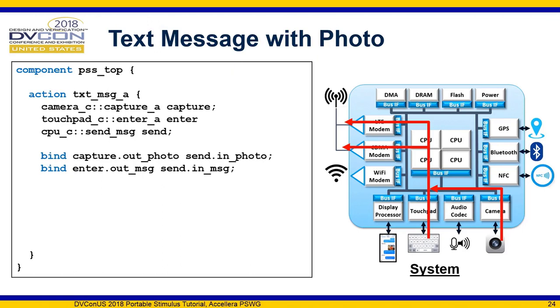We're saying, hey, please take the output photo from the capture and make it the input photo of the send operation I'm about to do. Please take the output message of the enter operation and make it the input of the send message action. It's almost like connecting together modules in SystemVerilog. We're saying what must go where. And then we define an activity that says: fire the capture, fire the enter, fire the send.